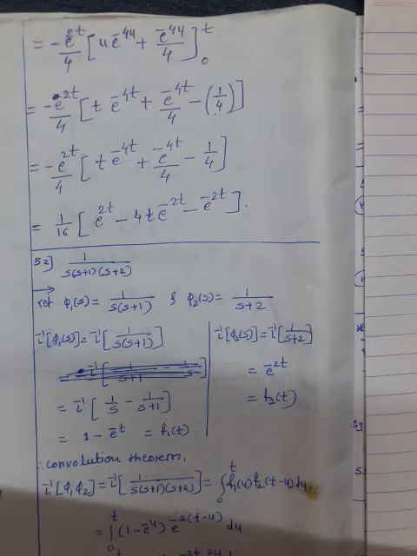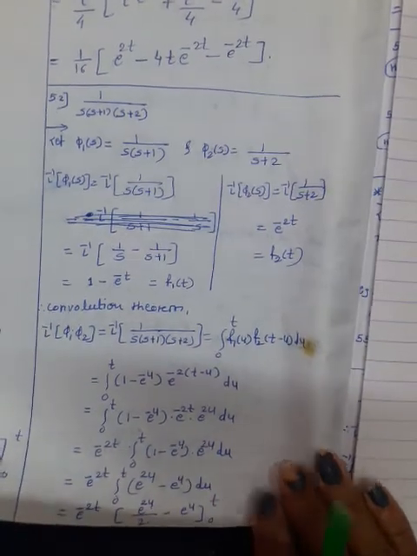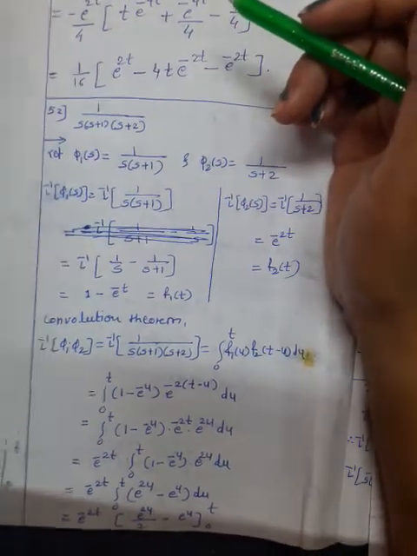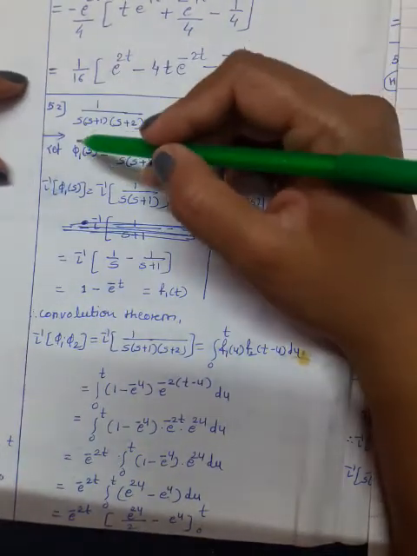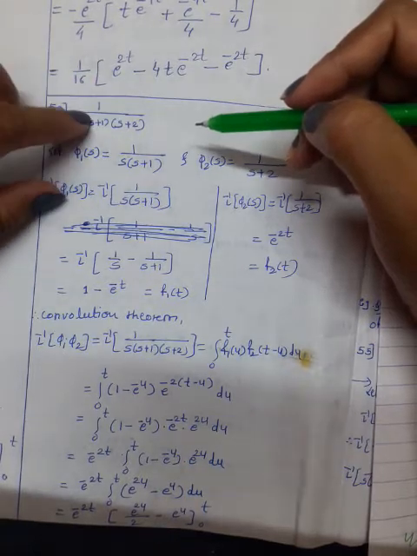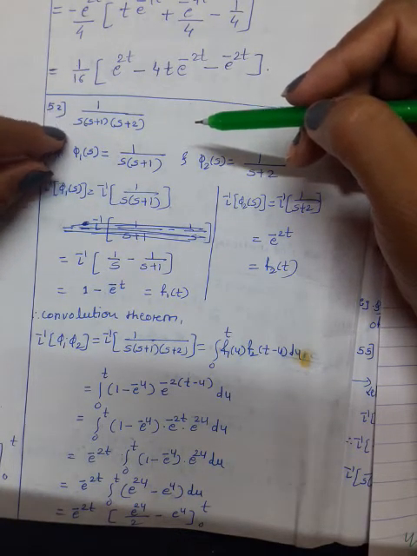Now consider the next example, depending on the convolution theorem. One upon s into s plus 1 into s plus 2. Now we have to split this into 2 so that we can find the inverse easily.